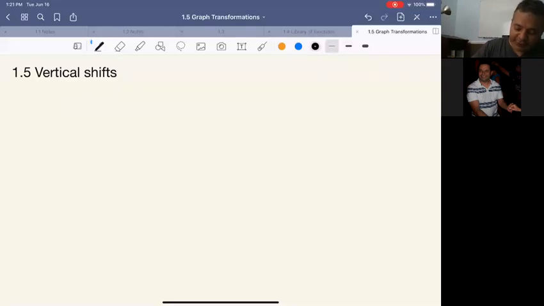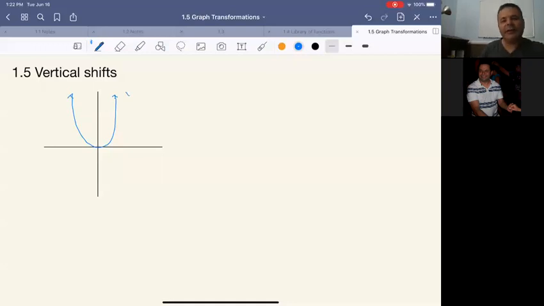So let's say you take, draw a plane, start out with my favorite function. Sorry about that, my favorite function. Lopsided, but oh well, y equals x squared.